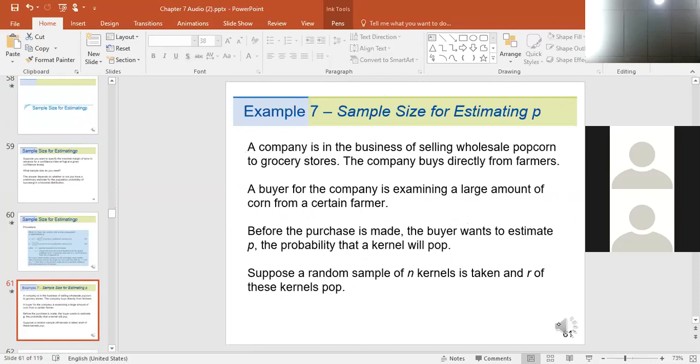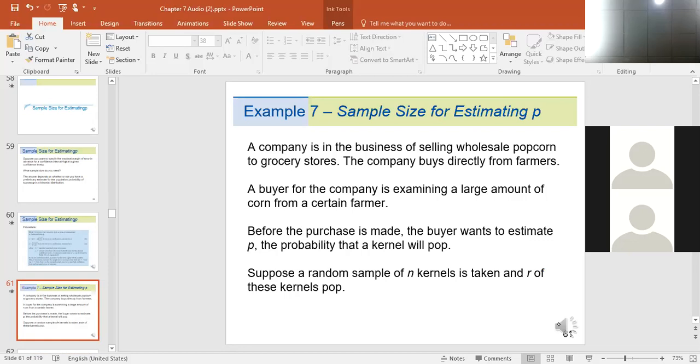A buyer for the company is examining a large amount of corn from a certain farm. Before you buy it, you want to determine if it is actually good for business. Popcorn will be good for business if it can actually pop. You don't want to package all your popcorn and sell, and people return it because none of it is popping. So you want to determine the proportion of the corn that will actually pop.